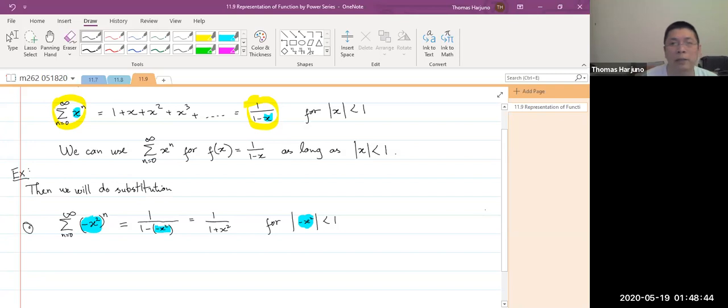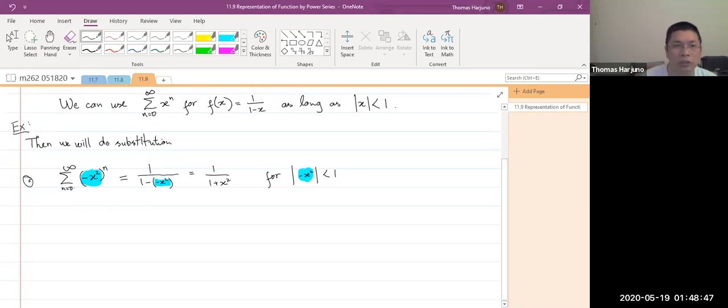Another one, for example, so you need to see patterns. Suppose I have the following: 1 minus sine x plus sine squared x minus sine cubed x plus sine to the 4th x, and so on and so forth.